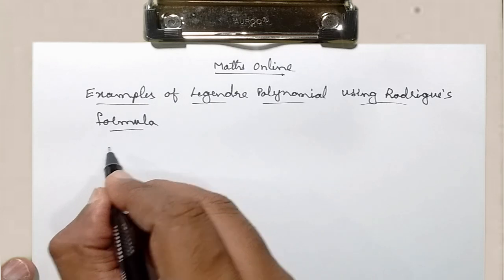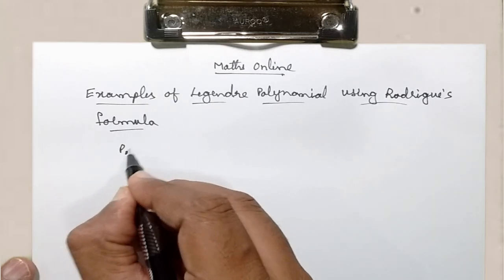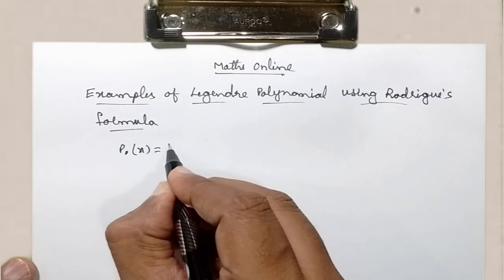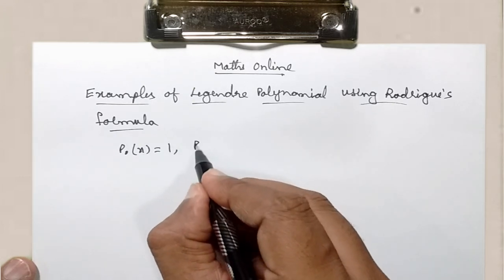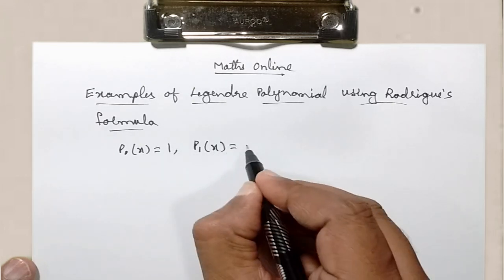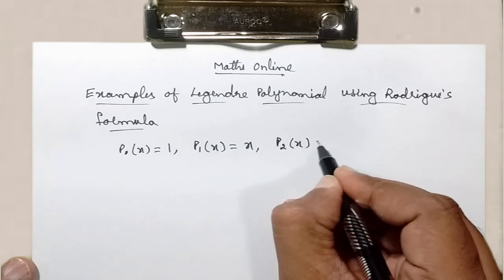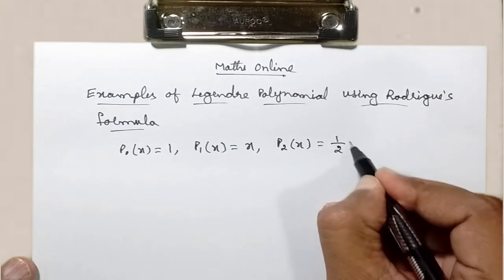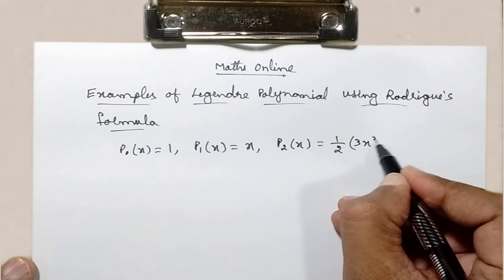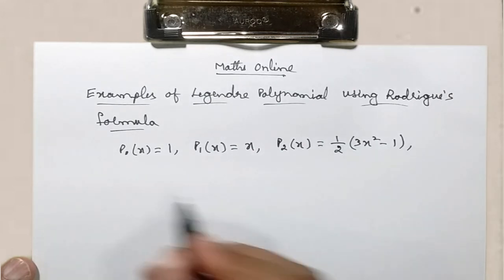We already know that the value of P0 of x is 1, the value of P1 of x is x, and the value of P2 of x will be equal to 1 by 2 times of 3x square minus 1.